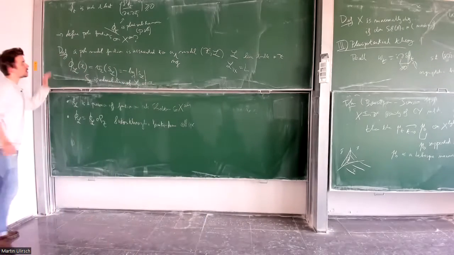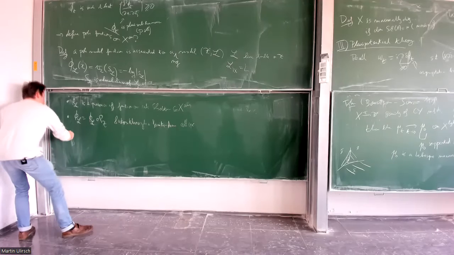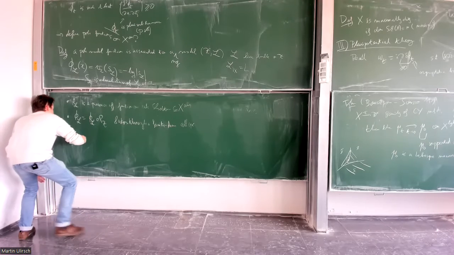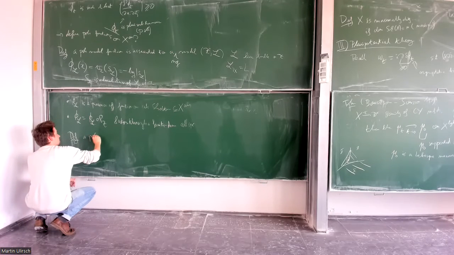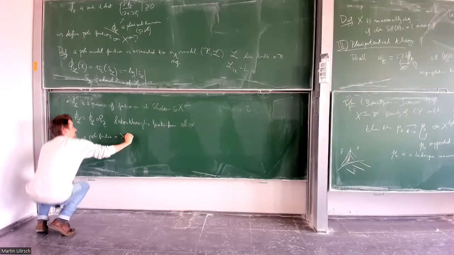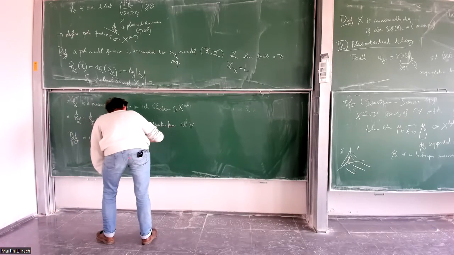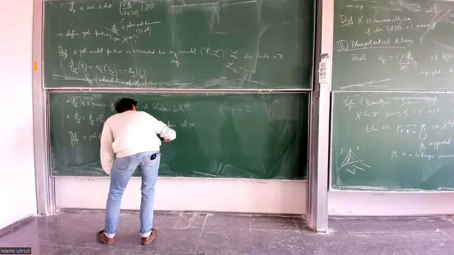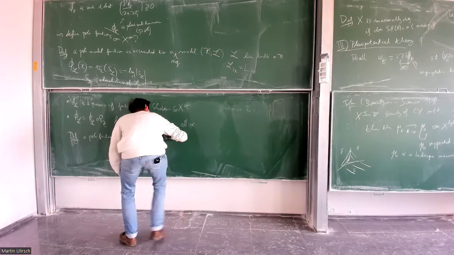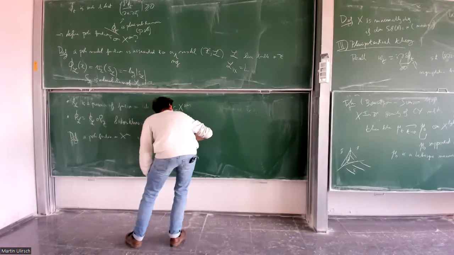And then the general definition of a PSH function is more complicated because we have to do uniform limits. So a PSH function on X^an is a uniform limit of PSH model functions.